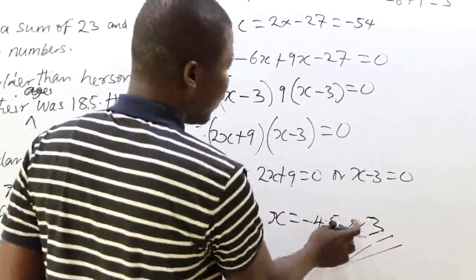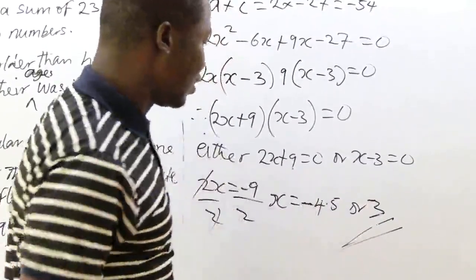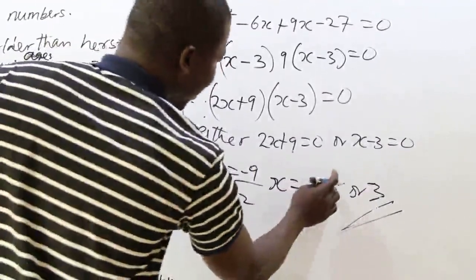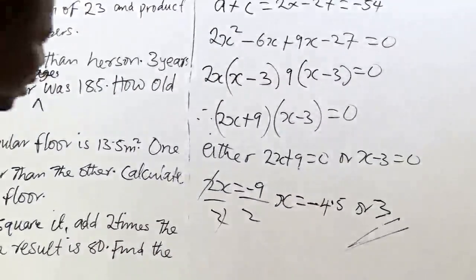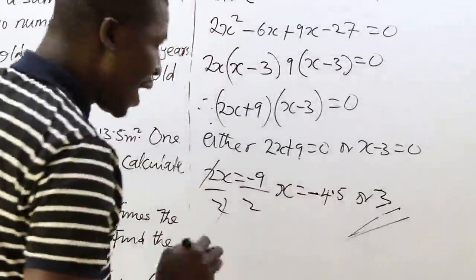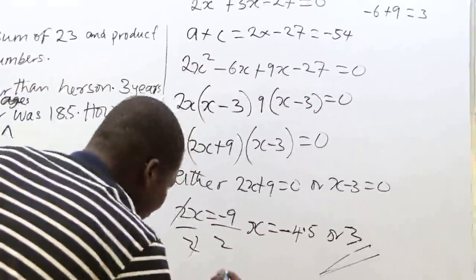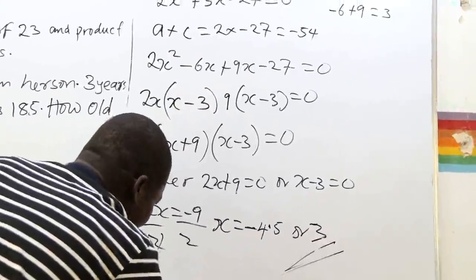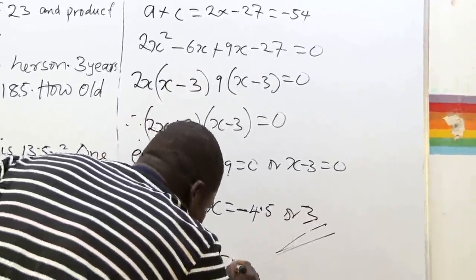So we use the value of this one to find, or you can substitute any of these in the problem we solved so far. So going back to the first thing we said, one of the sides is x plus 1.5 meters.